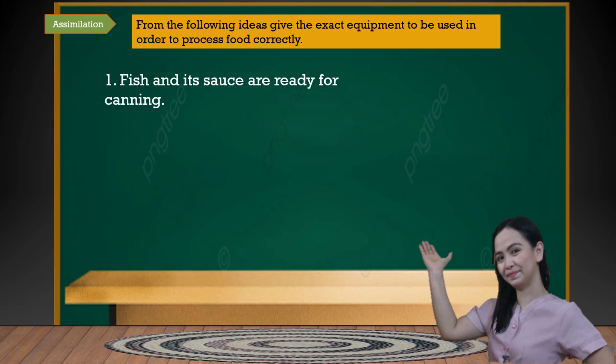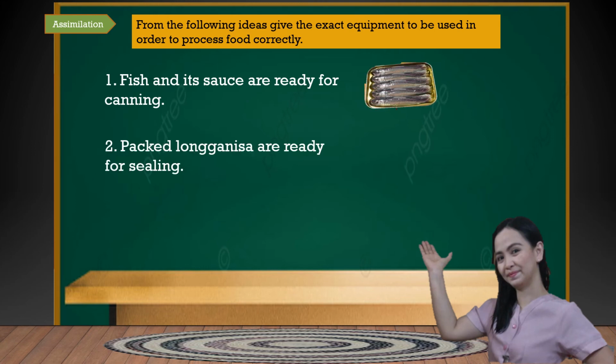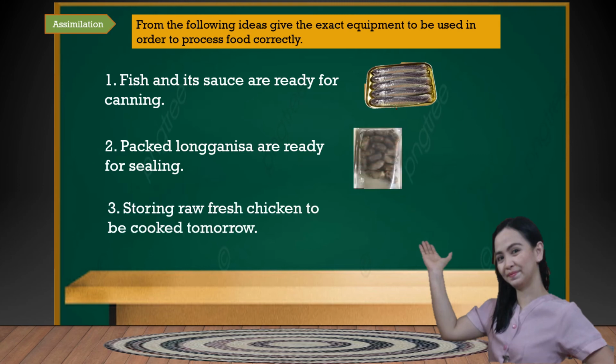First, fish and its sauce are ready for canning. Next, packed longanisa are ready for sealing. Last, storing raw fresh chicken to be cooked tomorrow. Now let's see what particular equipment to be used.